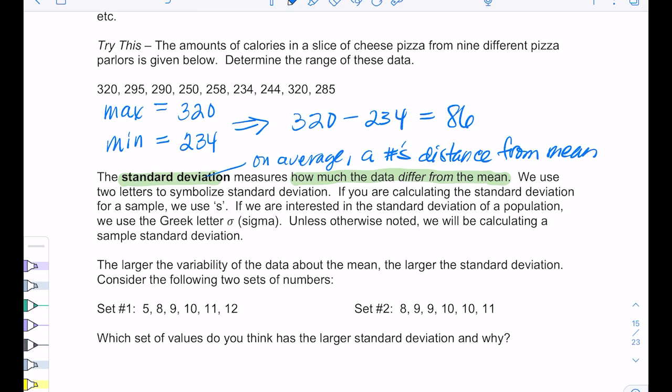So when we're calculating the population standard deviation, we use this symbol here, which is the Greek symbol sigma. It's lowercase sigma. And in our book, though, the numbers that we're given are always going to be a sample. So we're going to use the letter S for standard deviation.